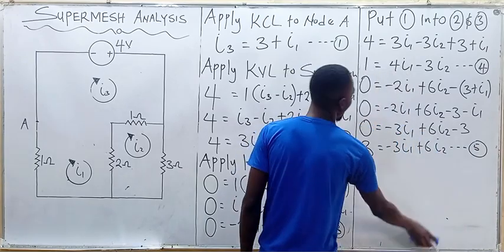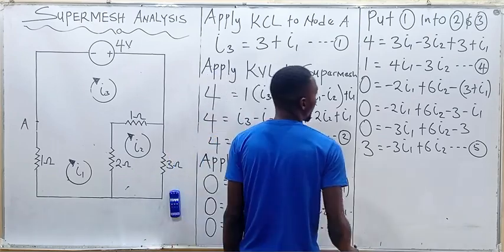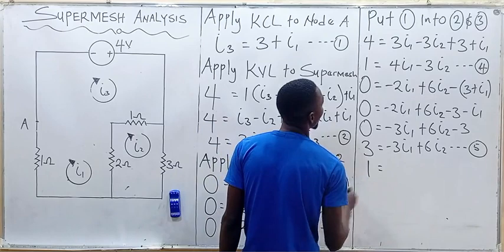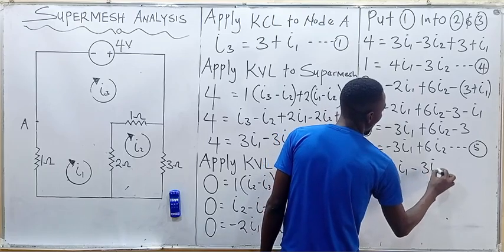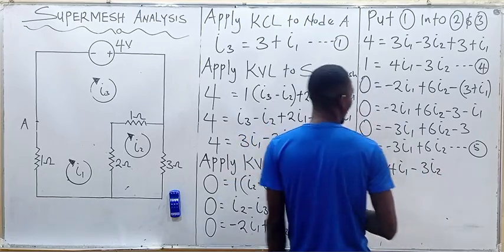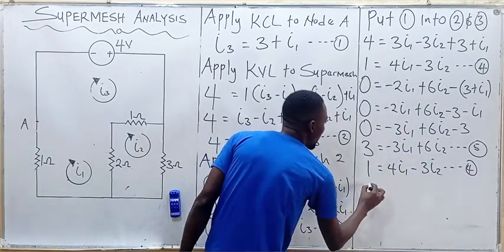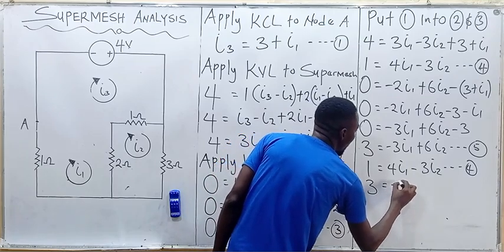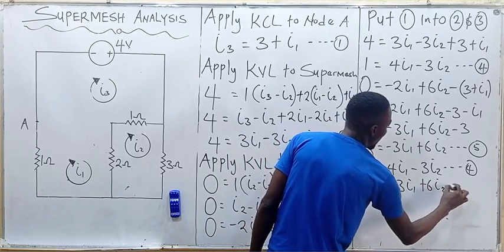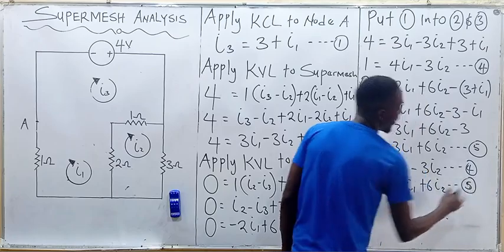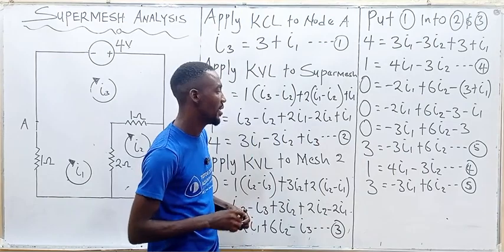So we are going to solve equations 5 and 4 simultaneously. So let's write equation 4: 1 equals 4I1 minus 3I2, equation number 4, and equation 5 is 3 equals minus 3I1 plus 6I2. I hope you understand this carefully.